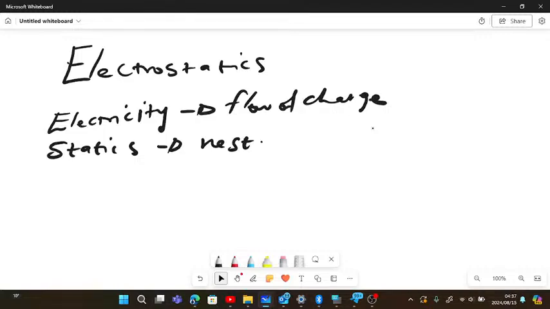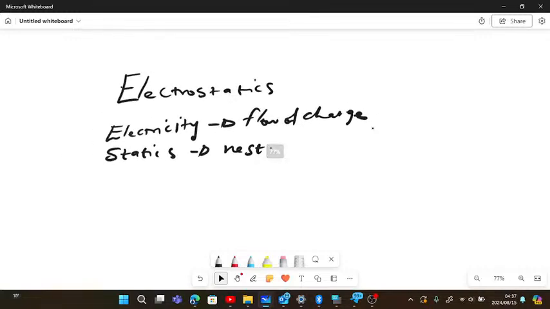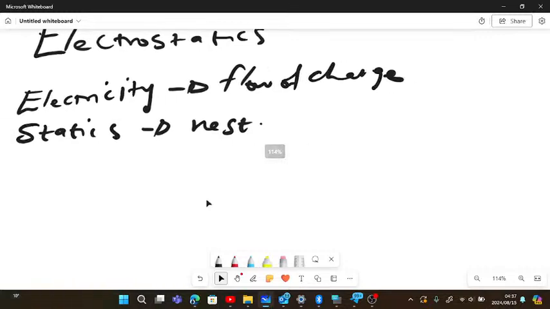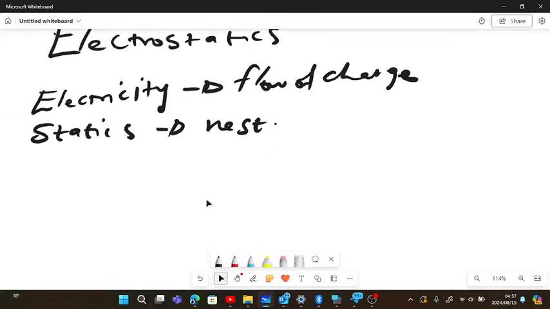When I want to simplify the concept, I normally say electrostatics is electricity at rest. So when we talk of electricity at rest, we will be discussing what we call a charge.